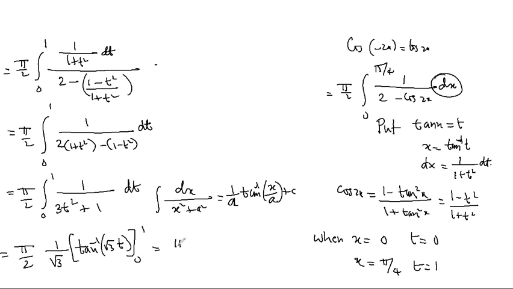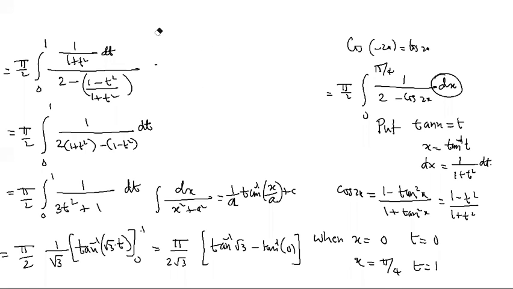When you put the limit, the first term becomes tan inverse root 3, and the second term becomes tan inverse of 0. Tan inverse of root 3 is how much?